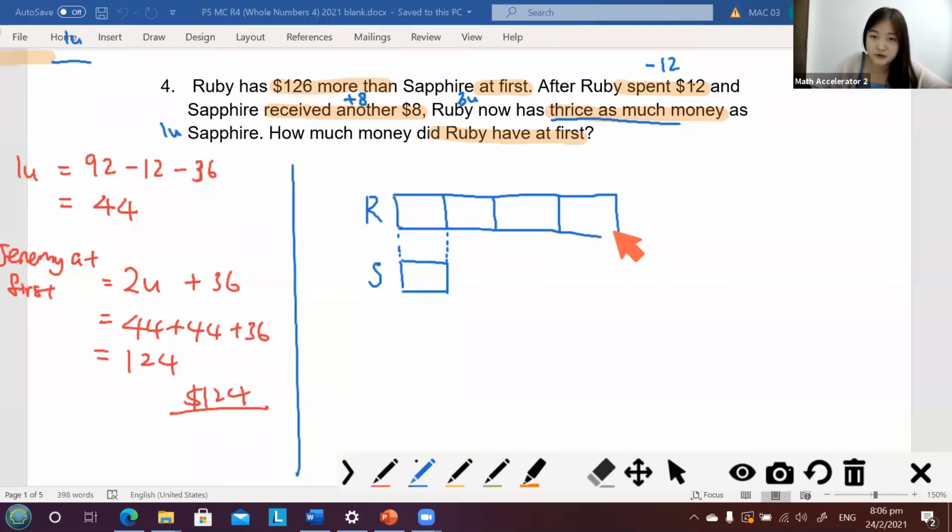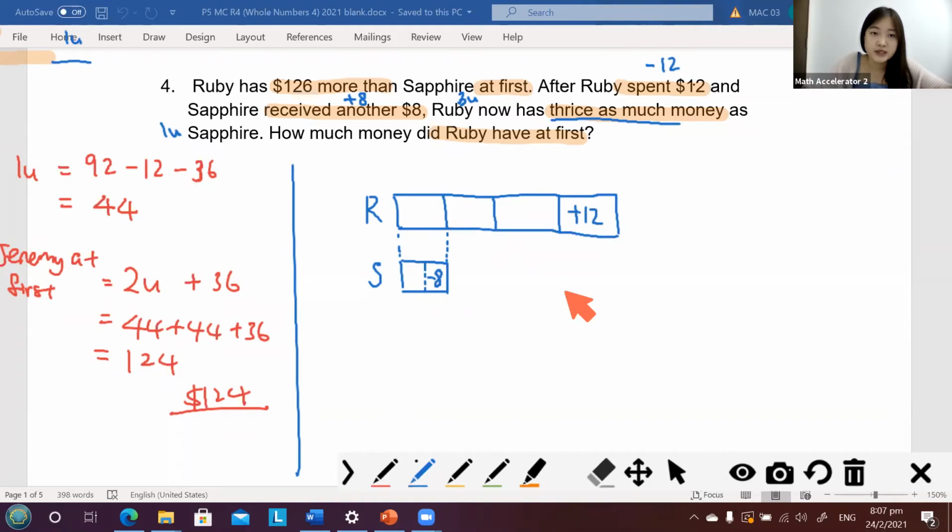Plus 12. Okay, opposite. Sapphire received $8 to end up here. Work backwards, remove the 8 that she received. Take away, minus 8. Fill it in your model.